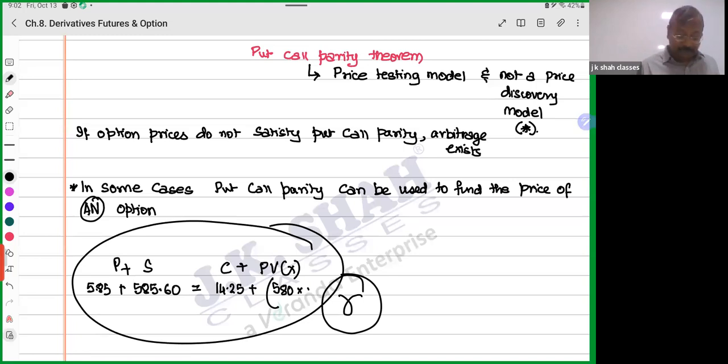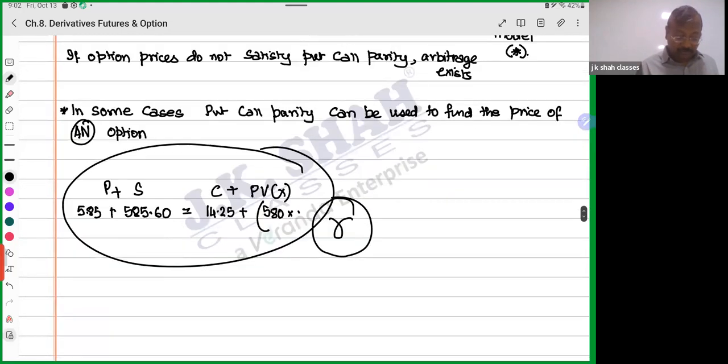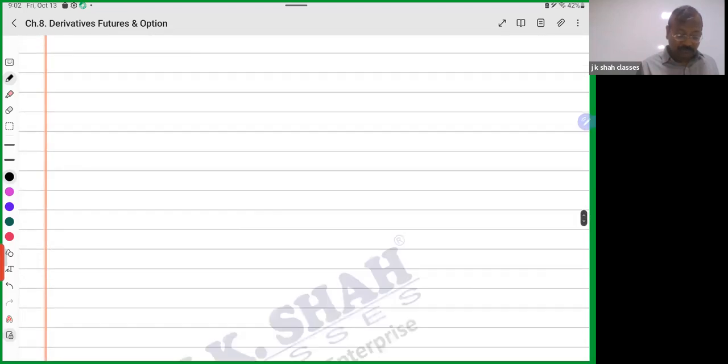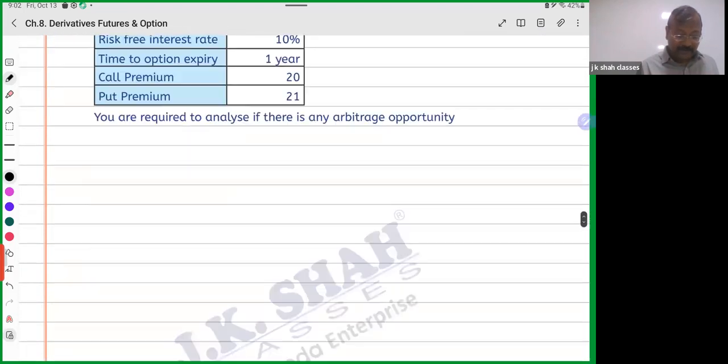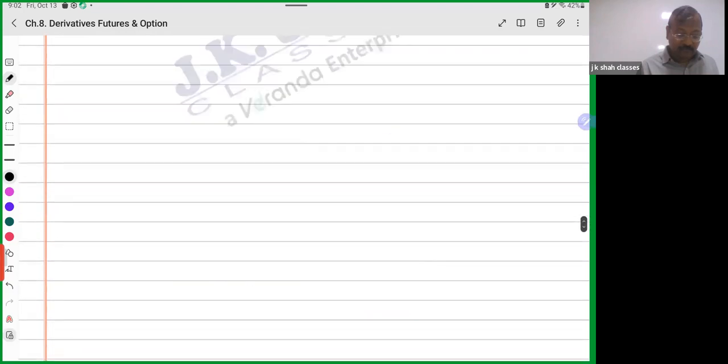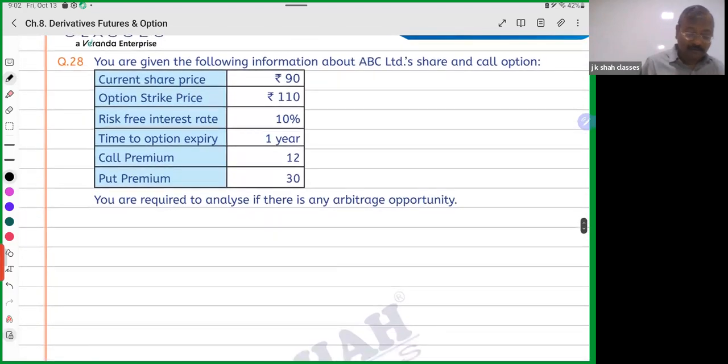Okay. Now, let's look at question 28. We'll do 27 later, 28 first. You are given the following information about ABC Limited's share price and call option. Current share price 90, option strike price 110.